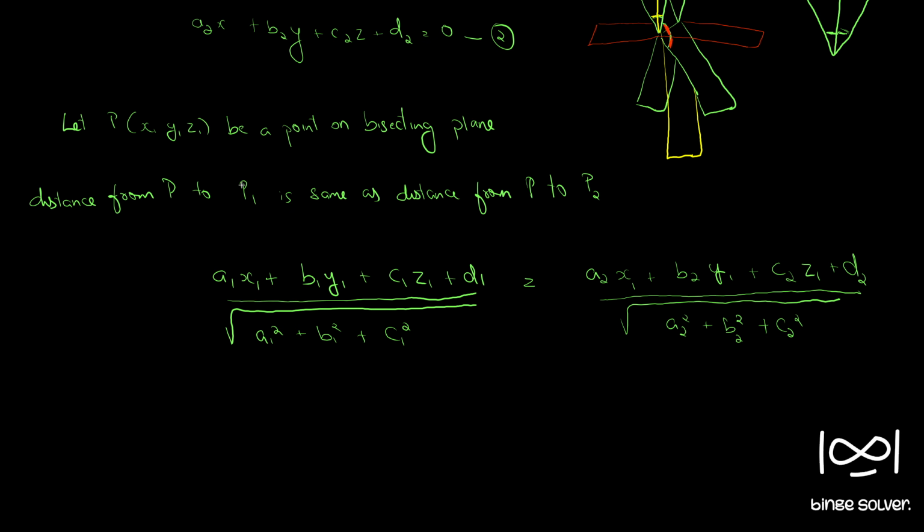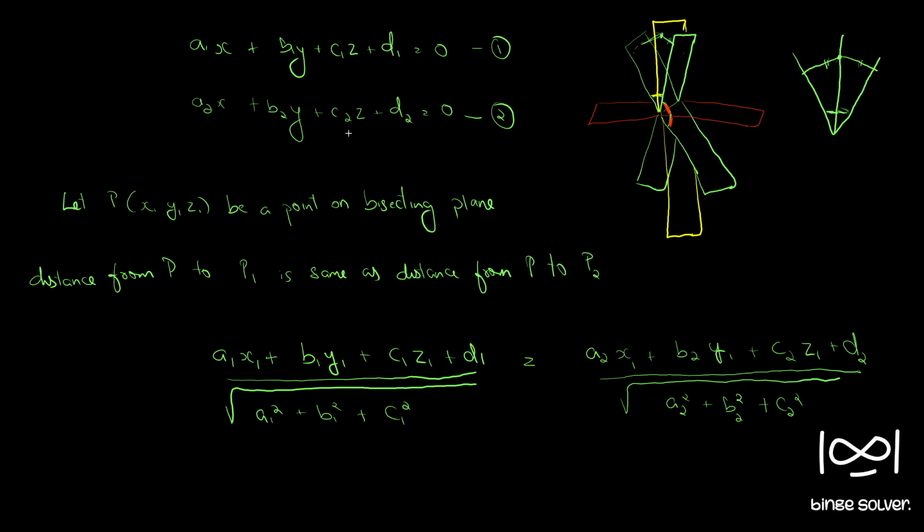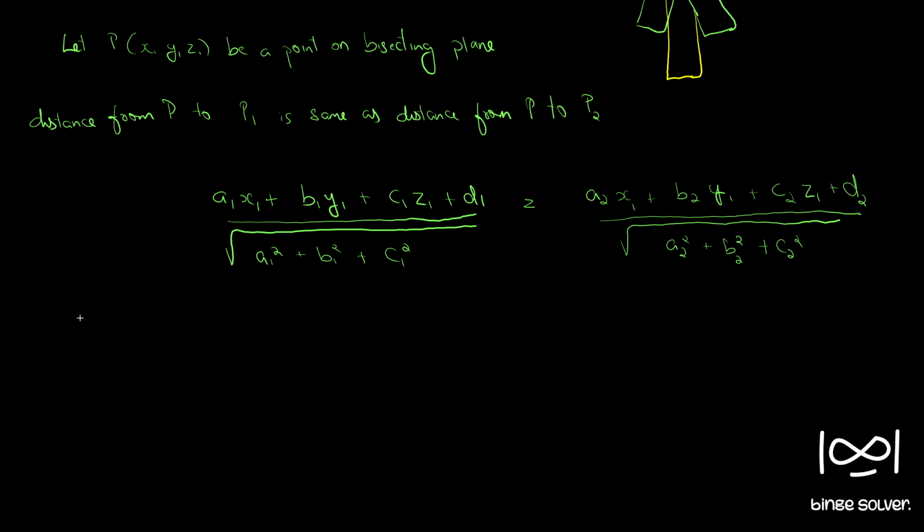Now, as you can see, any point on this bisector plane will satisfy this. So the equation of the bisector plane can be given by simply replacing x1, y1, z1 with x, y, z.